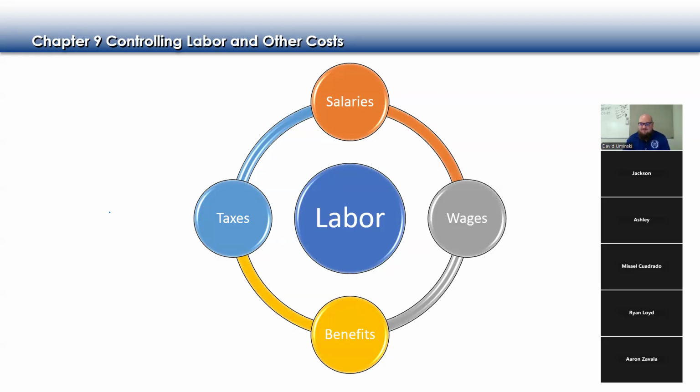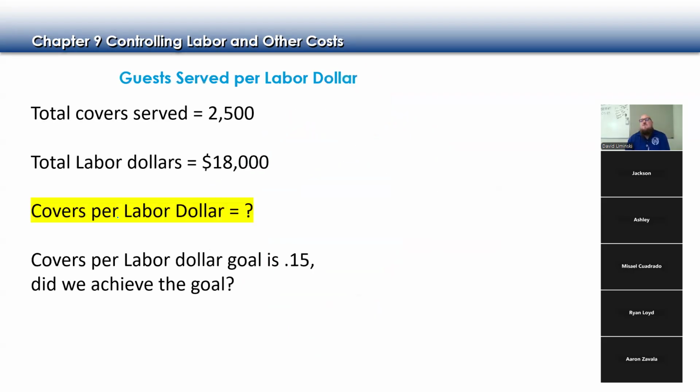All right. When we talk about labor, we want to talk about our productivity. There are a couple of different ways we can gauge productivity, and one of them is the number of guests we serve per labor dollar. What does that word per represent?